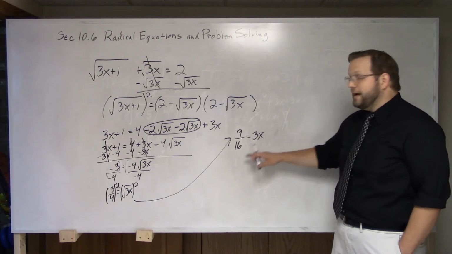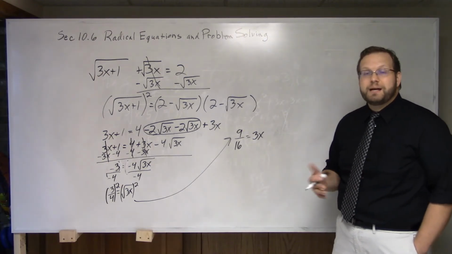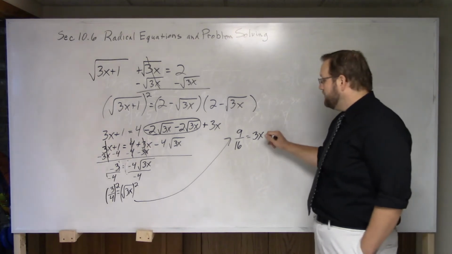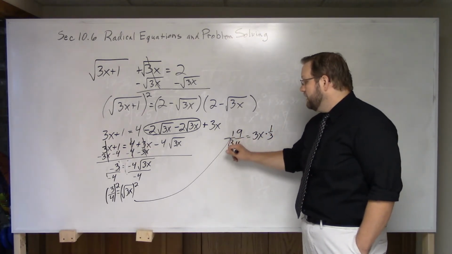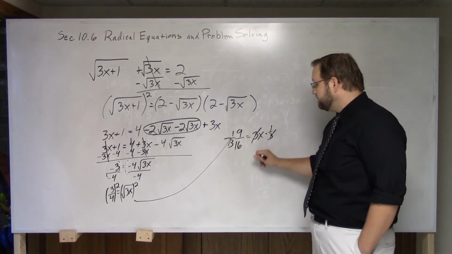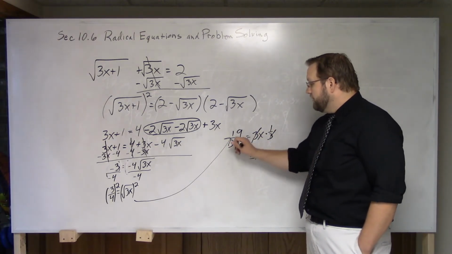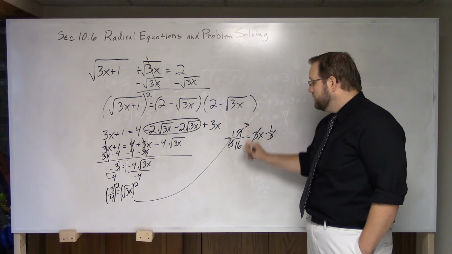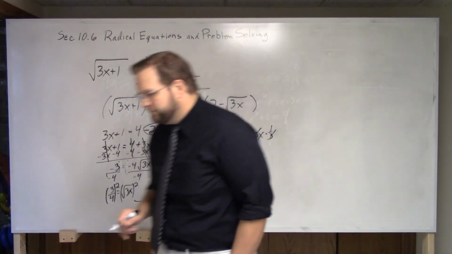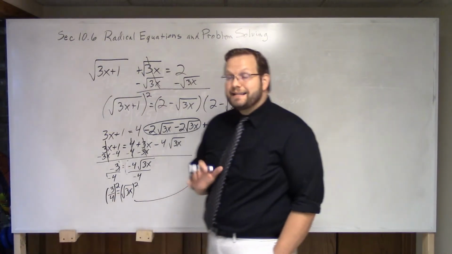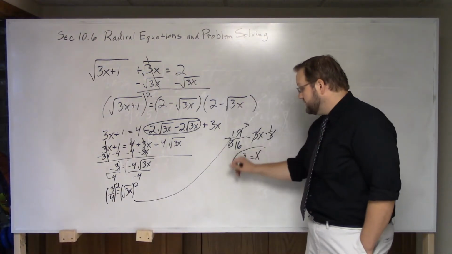Now, I could divide by a 3, but since I have a fraction involved, I'm not going to divide by 3. I'm going to multiply by a 1/3. It's the same thing as dividing by a 3. And now 3 and 9 reduce, so I get 3 over 16. And that's it.